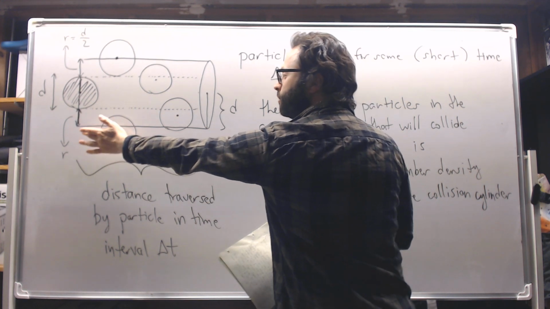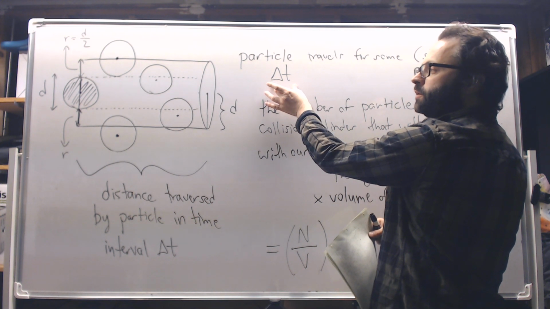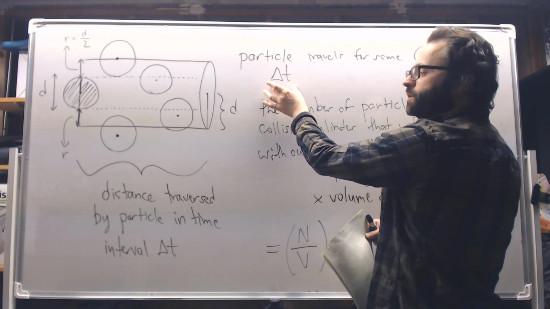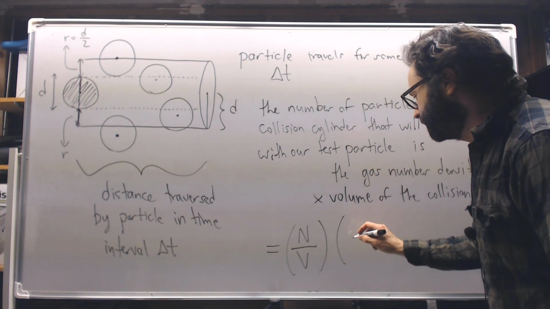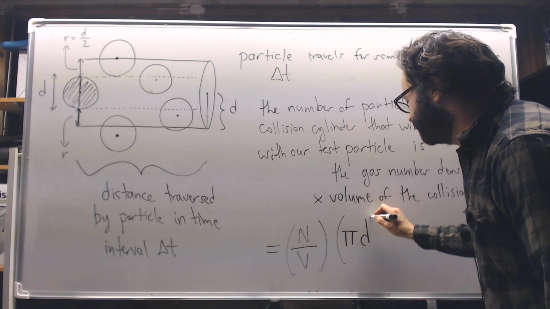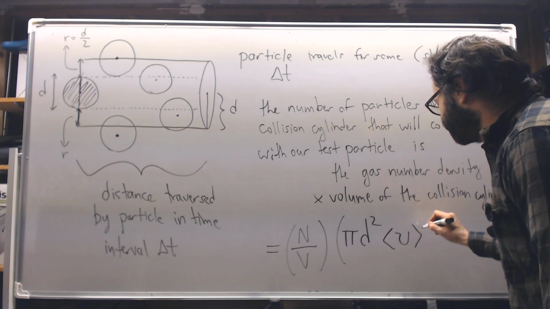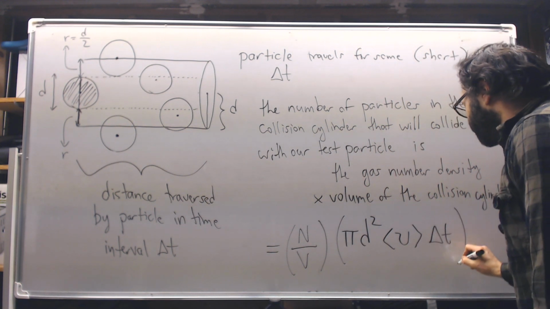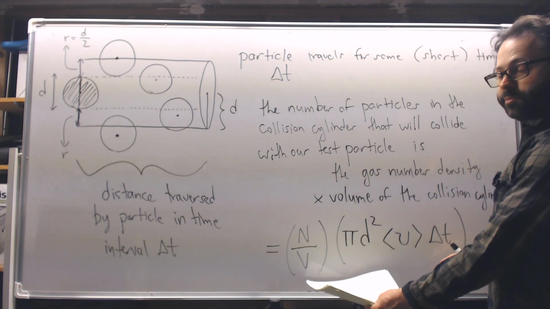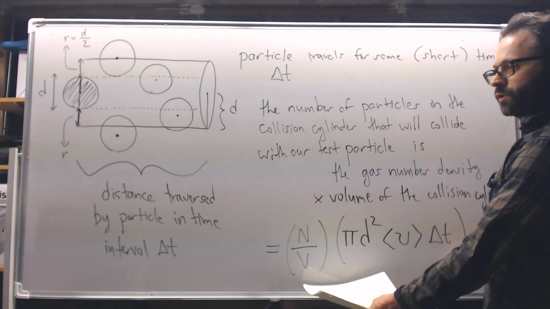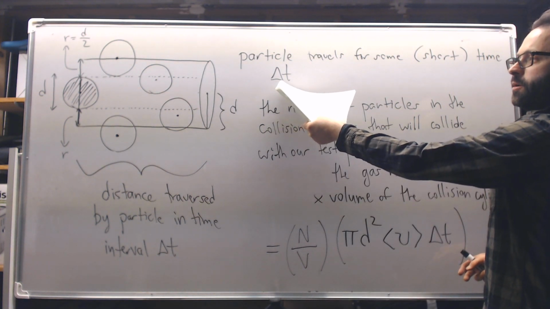It is the distance that the particle travels when it travels for a time delta t. The distance that it covers is the average speed times delta t. So the volume of the collision cylinder is the cross-sectional area, pi d squared, times the average speed times the time interval for which the particle travels. This is, very roughly speaking, the number of collisions that the particle will undergo in a time delta t, whatever delta t might be.